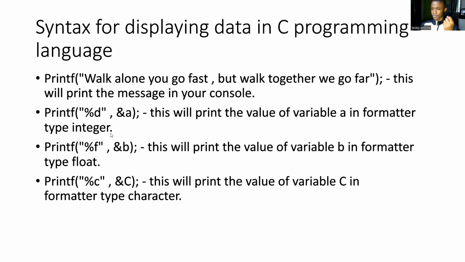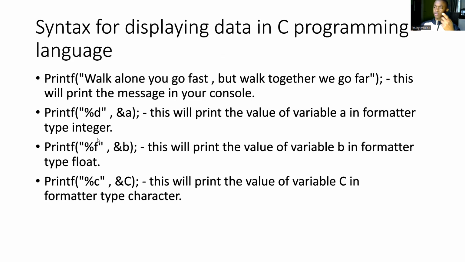Okay, that's pretty clear. printf, this is a float data type, which will be collected from the variable b. It will be taken from the variable b and printed into the float control string.